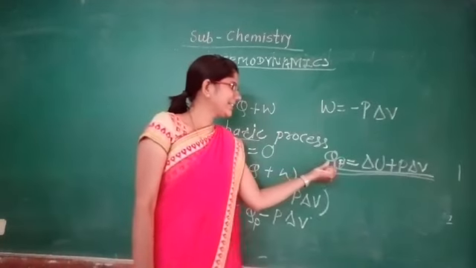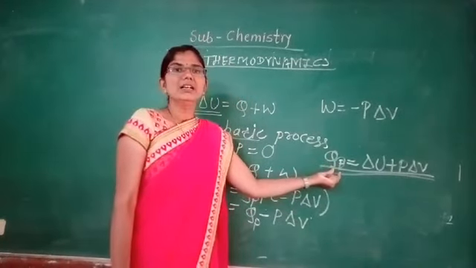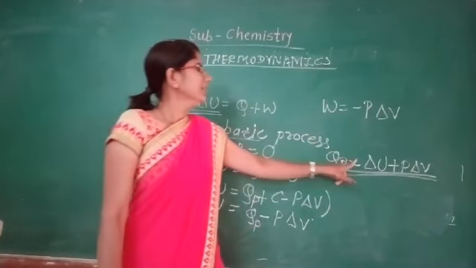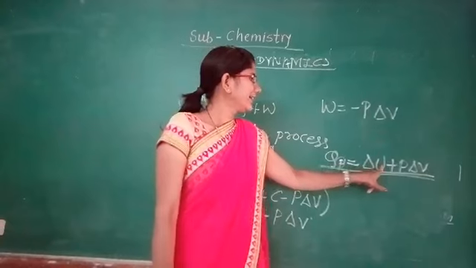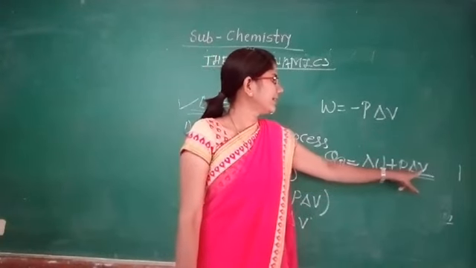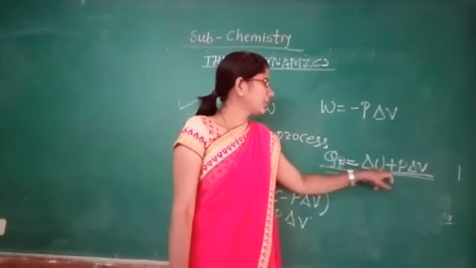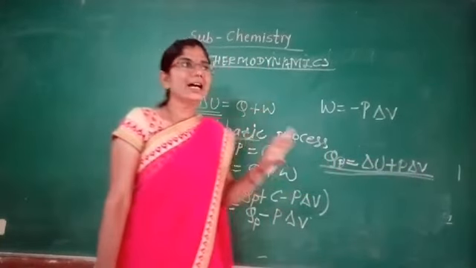This is the heat content of the system at constant pressure, QP equal to delta U plus P delta V.